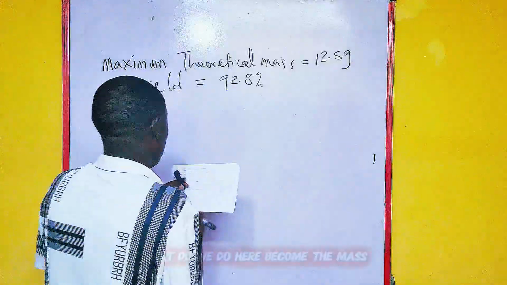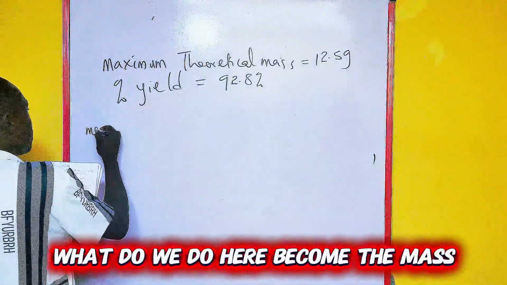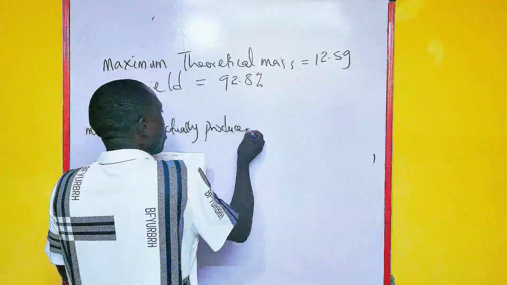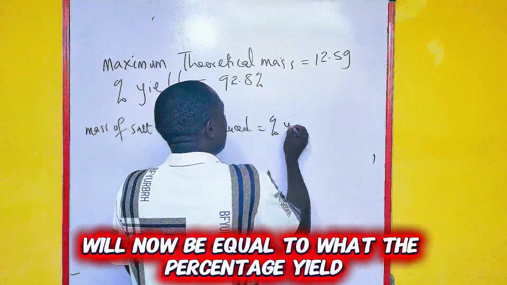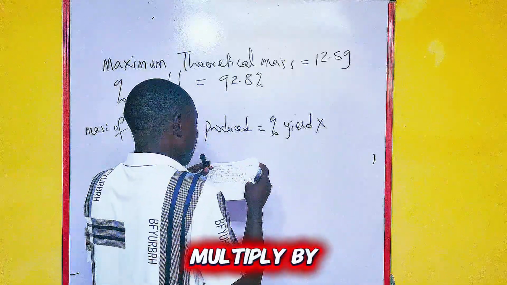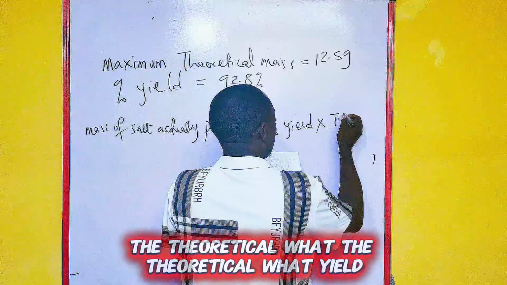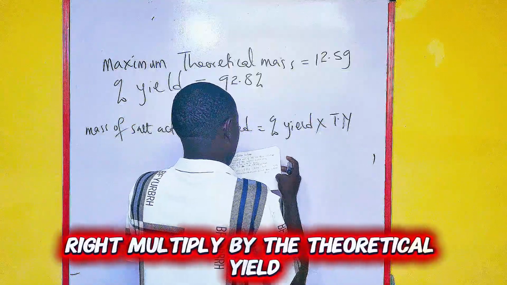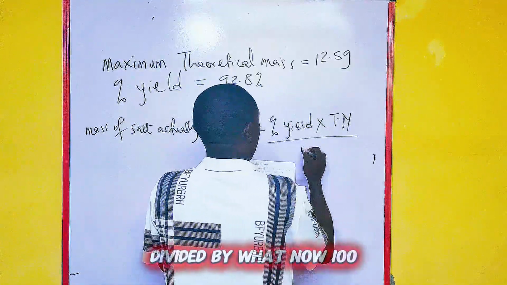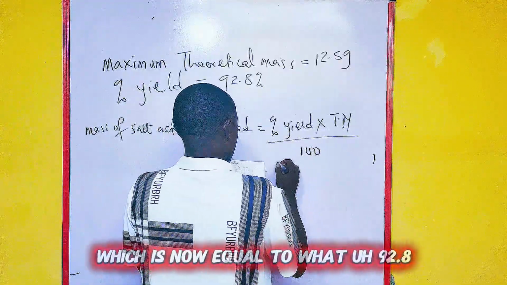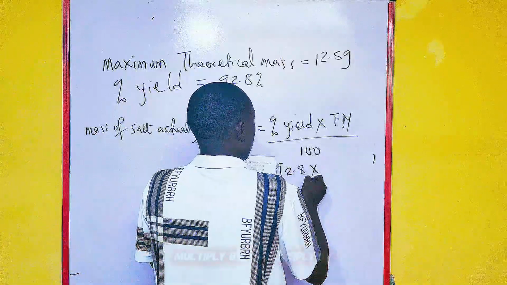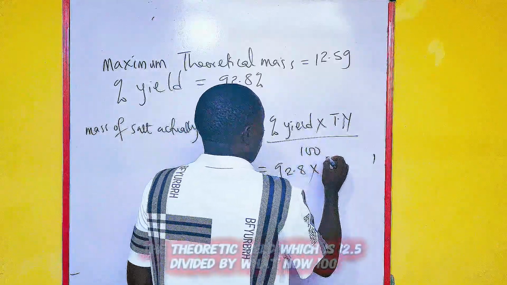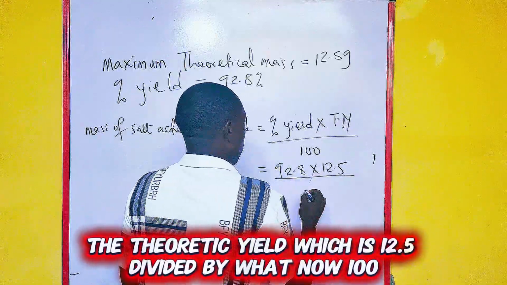That is how easy GCSE questions are. What do we do here? The mass of salt actually produced will now be equal to the percentage yield multiplied by the theoretical yield, divided by 100. That is 92.8 multiplied by the theoretical yield, which is 12.5, divided by 100.